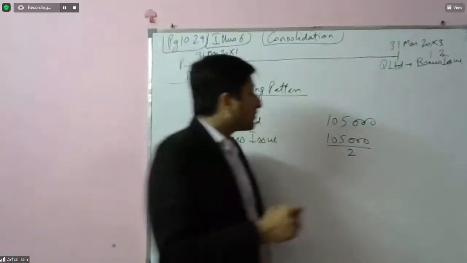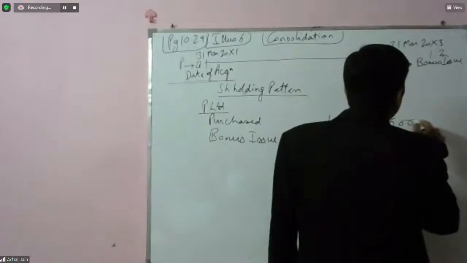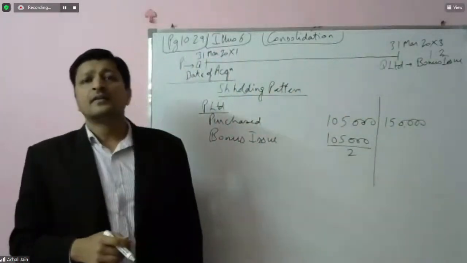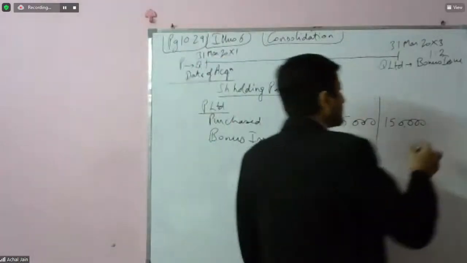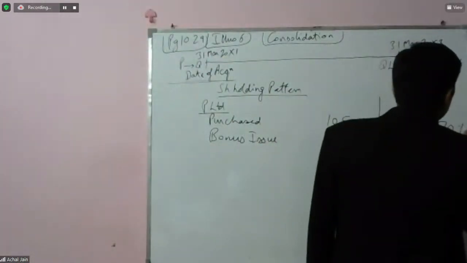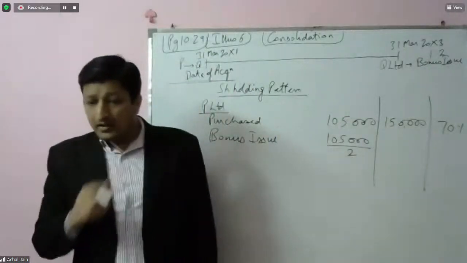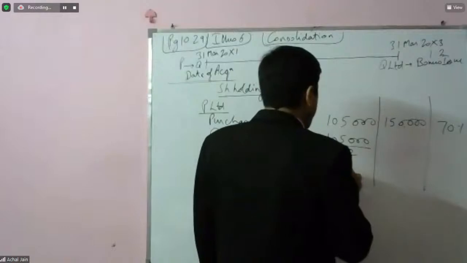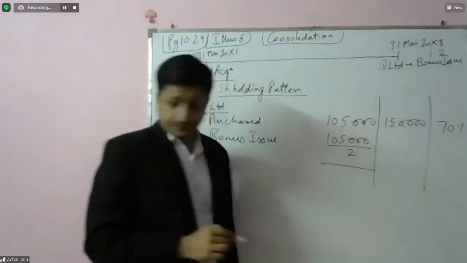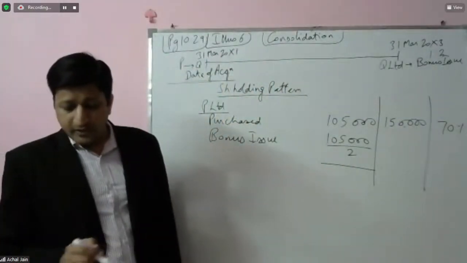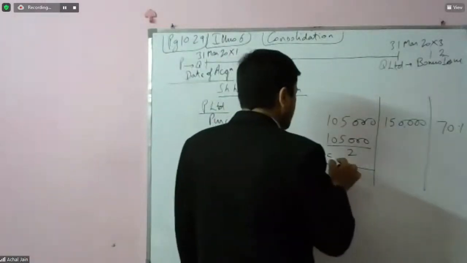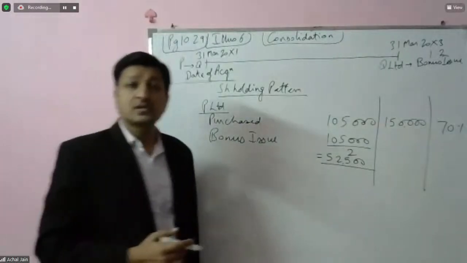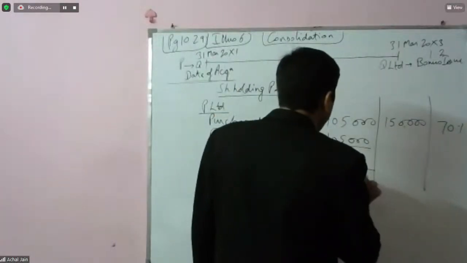Q had 1,50,000 shares, out of which P was holding 1,05,000. So what was the percentage shareholding? 70%. Correct? Now, after the bonus issue, the shares held by P will be 52,500 plus 1,05,000, so this becomes 1,57,500.